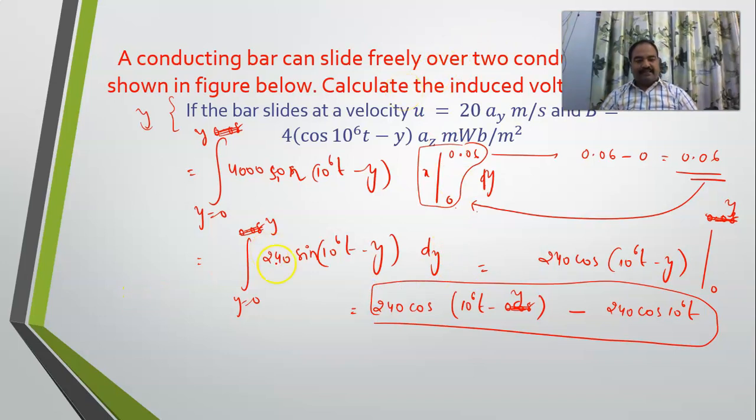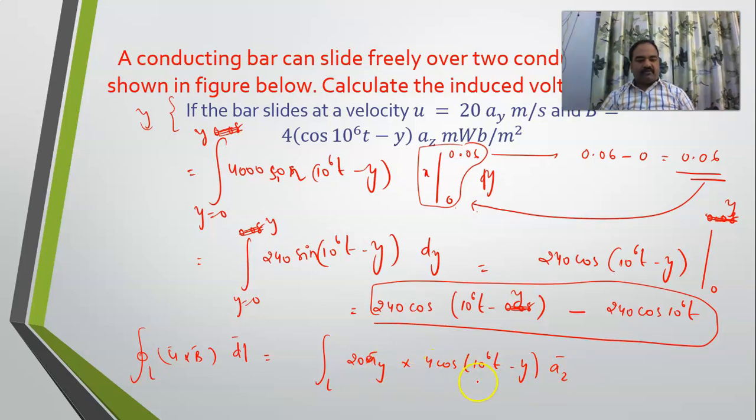On the second side, we do have the line integral of u cross B dot dl, right? Where u is nothing but 20 ay, cross 4 cos 10 power 60 minus y az. So we know that ay cross az is nothing but ax.